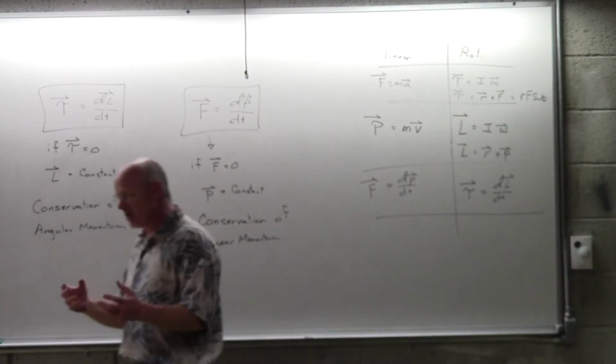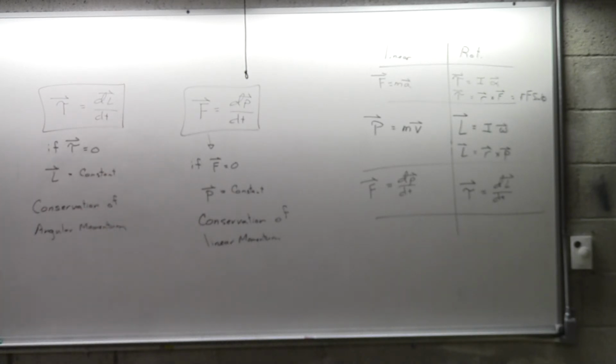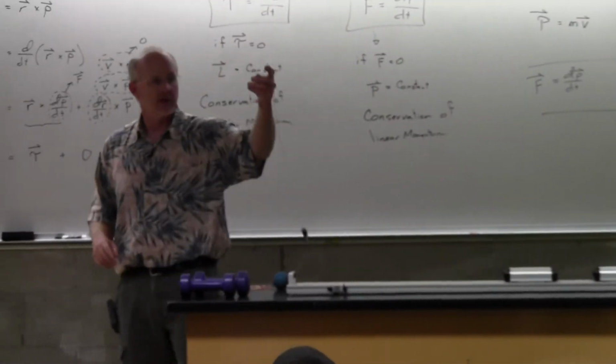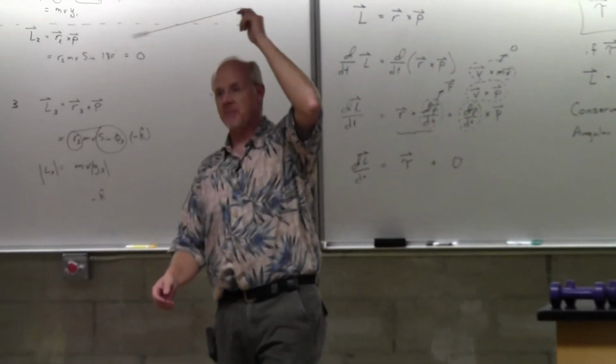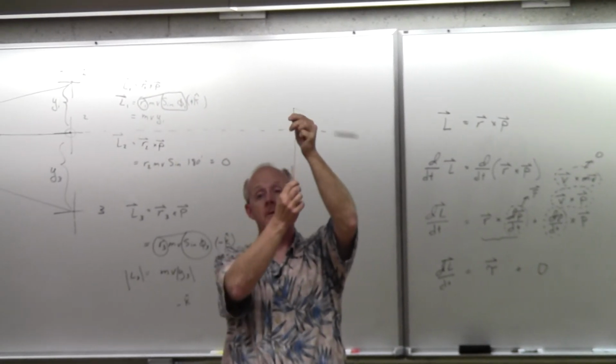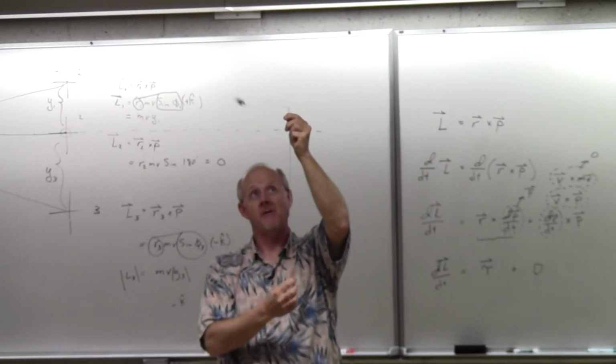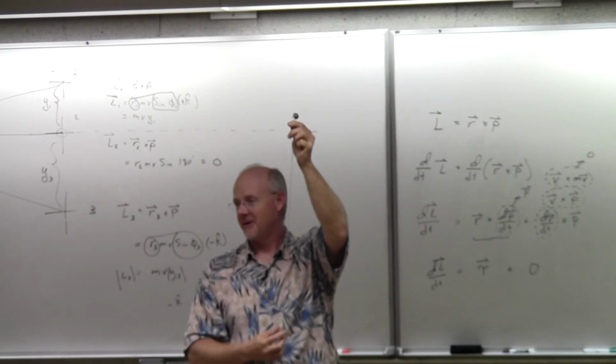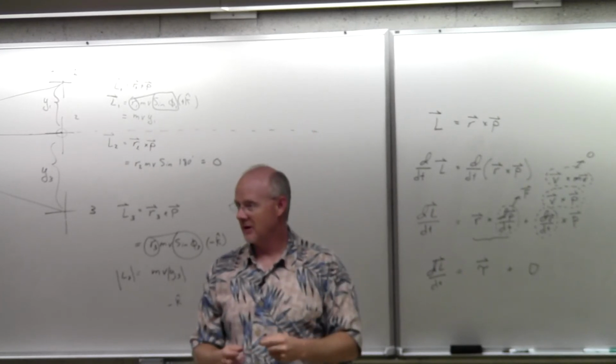And so the rotational stuff gets, like I said, a little bit more complicated. You can see it on something like this. What if I have something that's just spinning around and then I pull it in? Doesn't it rotate faster?